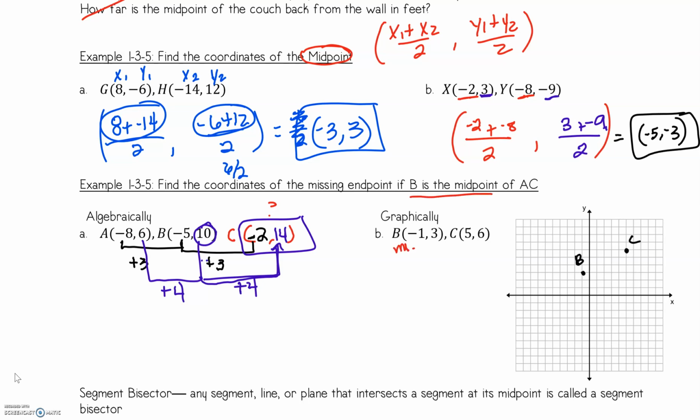So I know this is the middle, as it's telling me. So I'm going down 1, 2, 3, and I'm going left 1, 2, 3, 4, 5, 6.